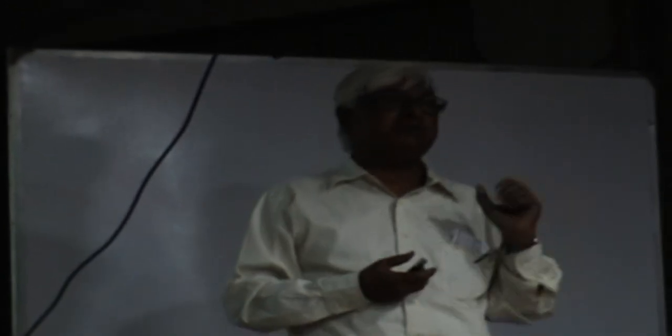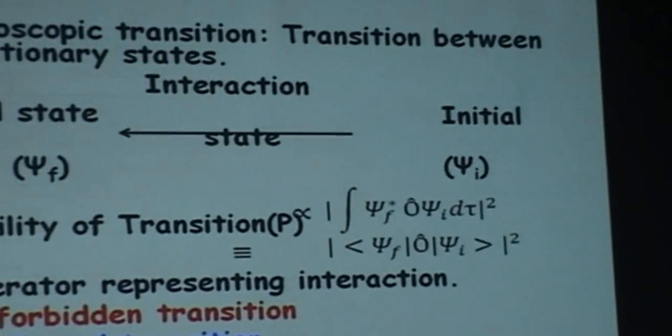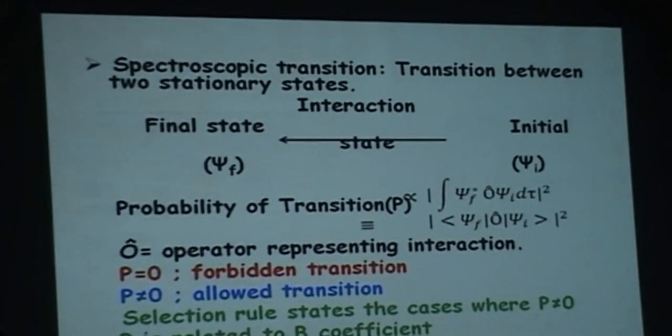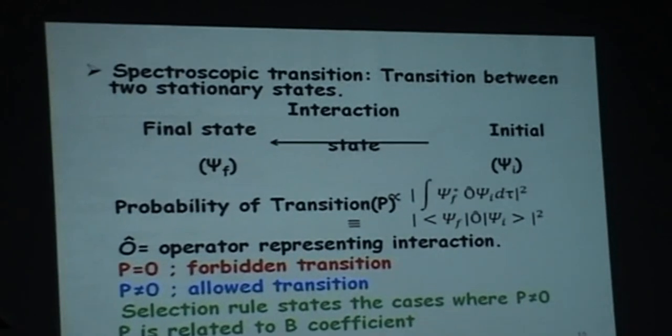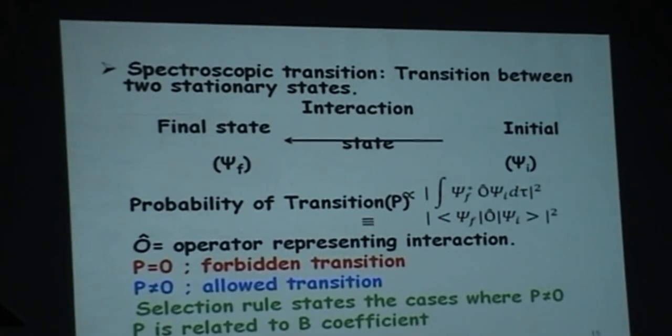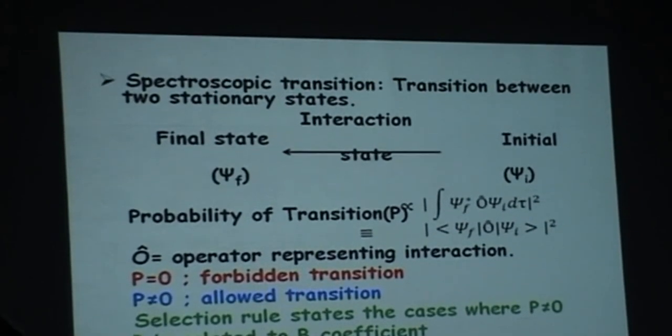We have operators for everything: for energy, for momentum, for angular momentum. Similarly, for interaction we have an operator. So we have initial state, final state and operator. The probability of the process, whether it will take place or to what extent, will all depend on these three quantities: psi i, psi f and this operator.